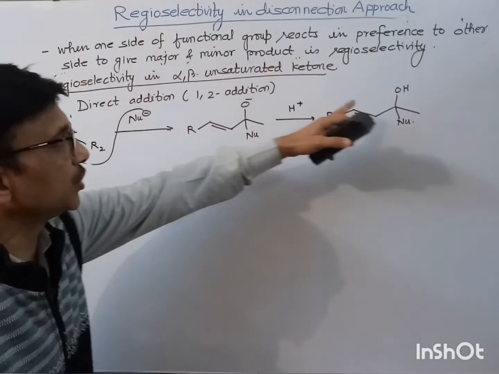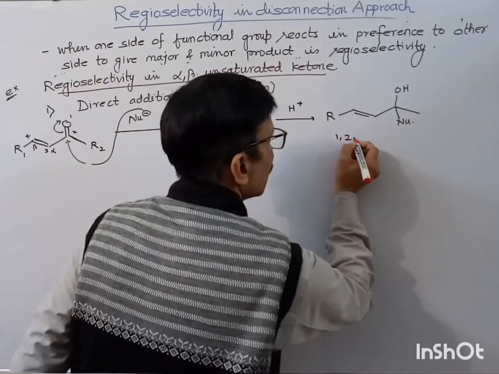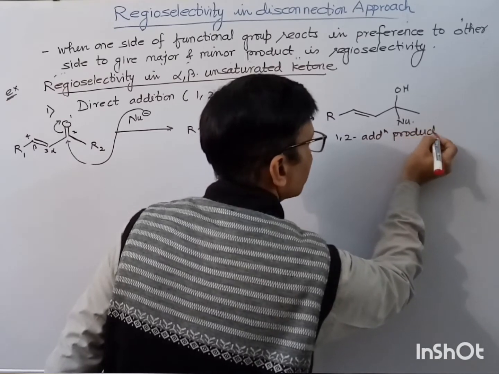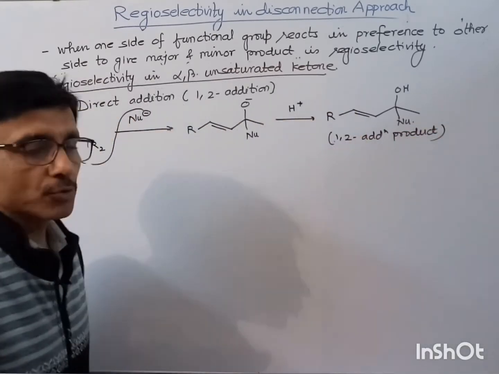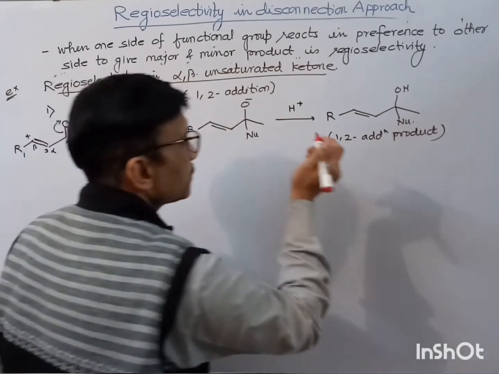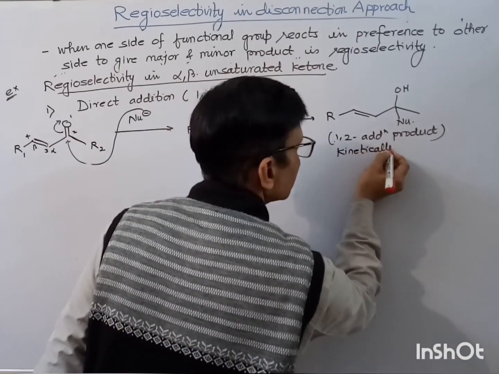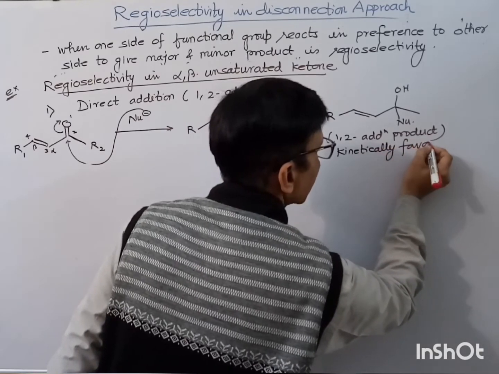So this is the 1,2 addition product. This is the 1,2 addition product. And this product is kinetically favored. This product is kinetically favored.